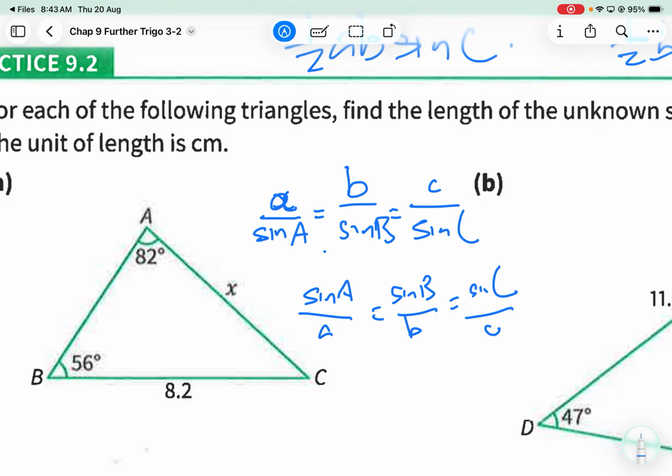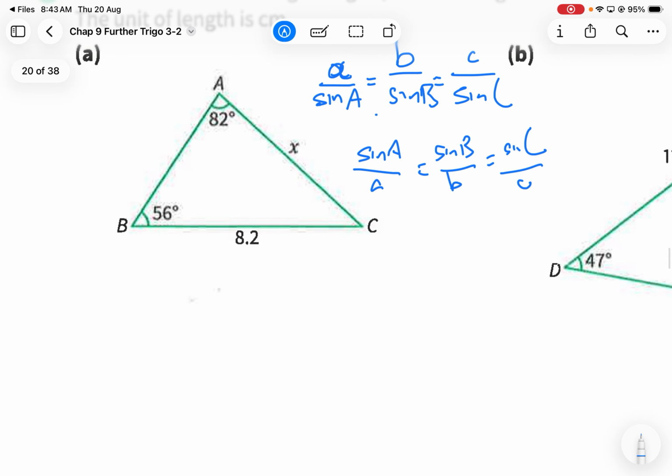So to find x, I just need to make sure I have a known pair of side and angle. Meaning out of this triangle, to use sine rule I must know this value and this value. It can be any pair. It can be this angle and this side. If I know there is a known pair, I can use that pair already.